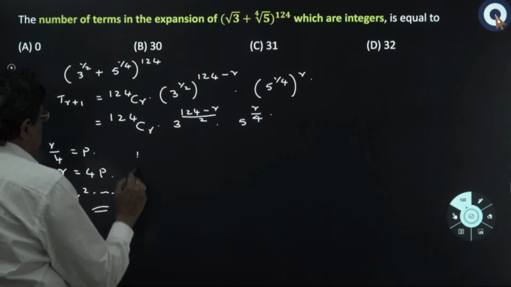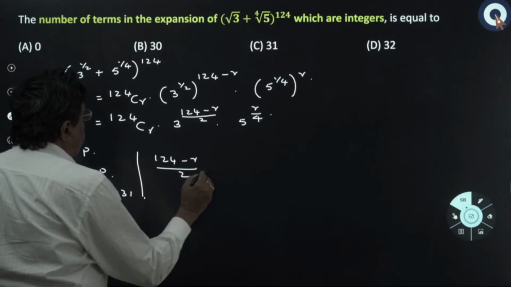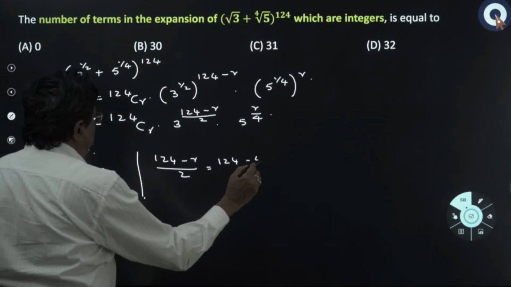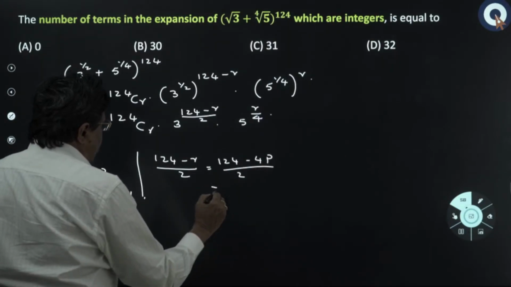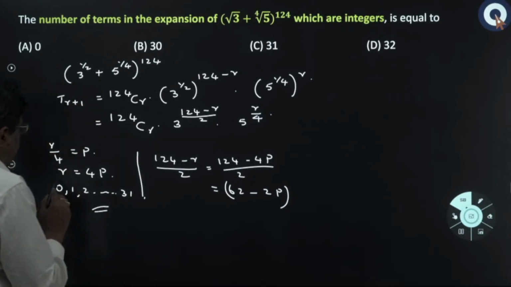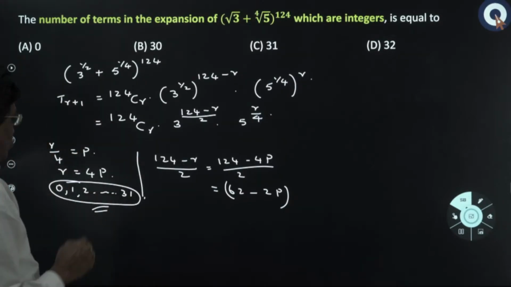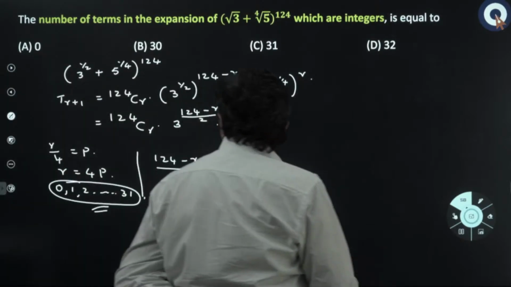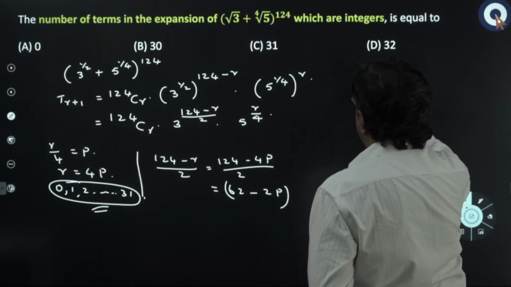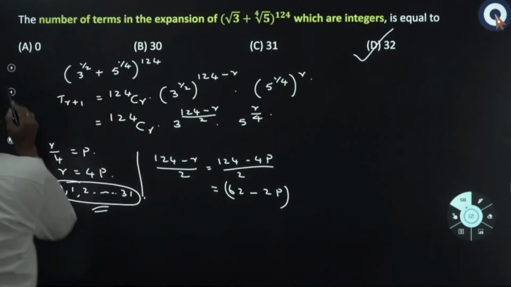Now, for these values, (124 minus r) by 2 is (124 minus 4p) by 2, which is an integer, 62 minus 2p, no issue. So, therefore, there are 32 values, 0 to 31, for which this becomes an integer. So simple. Next.